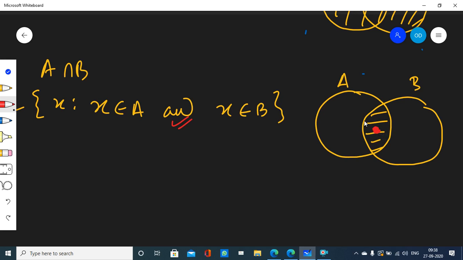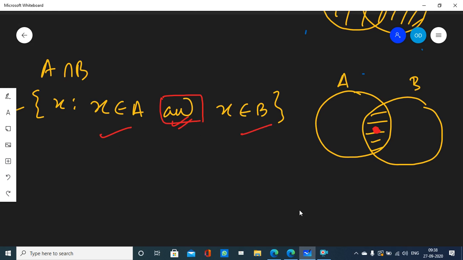Necessarily, it has to belong to A, B both. Otherwise, it will not belong to A intersection B, because A intersection B carries only common elements. So that is why we are using the word and. This belongs to this and this belongs to this, and means necessary, confirmed, this has to belong to both. You see my point? Okay?